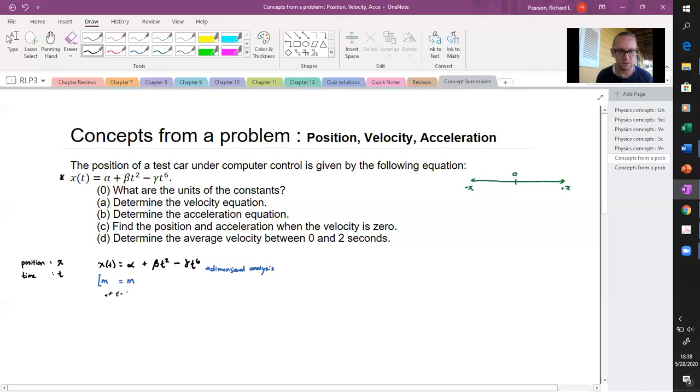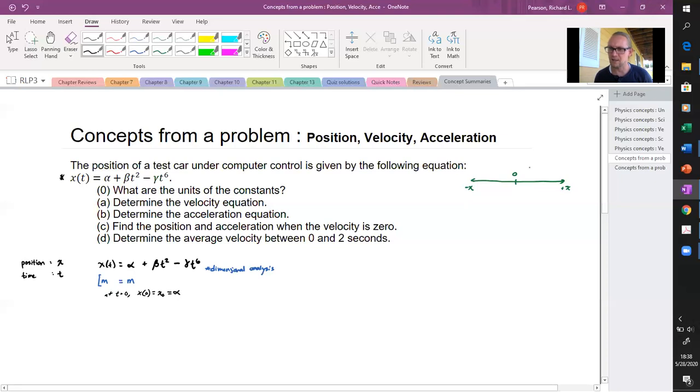At t equals 0, x at time 0 is equal to x naught, which is how we define the initial position. x naught is equal to alpha. And alpha is some initial position, x naught, right?